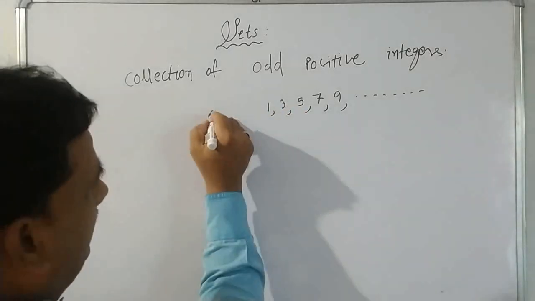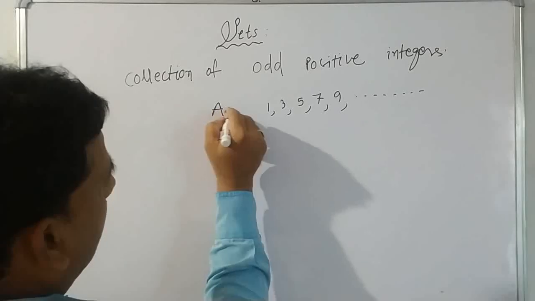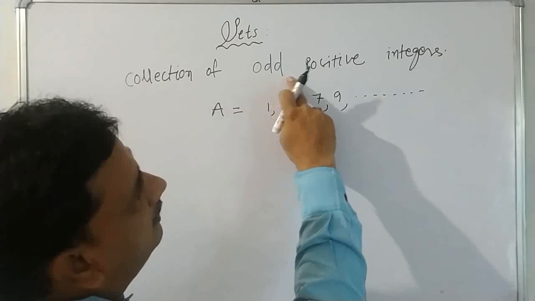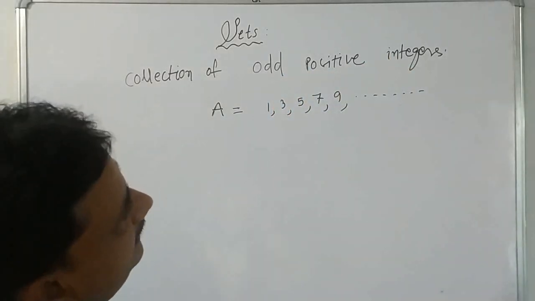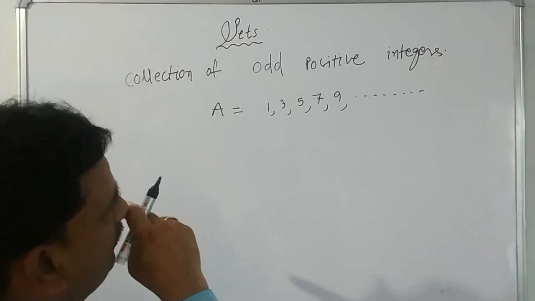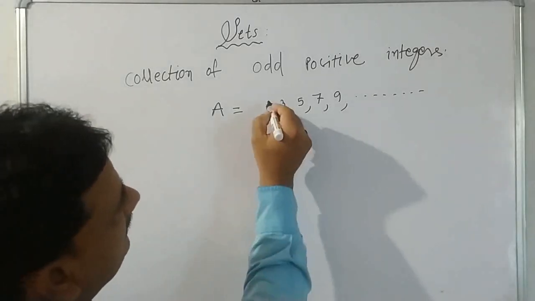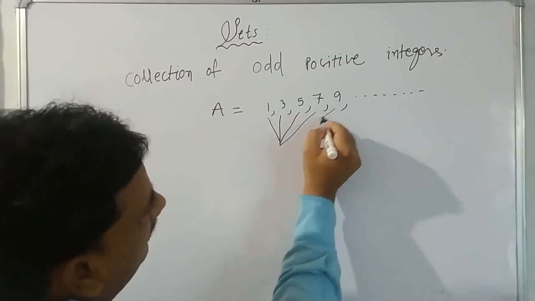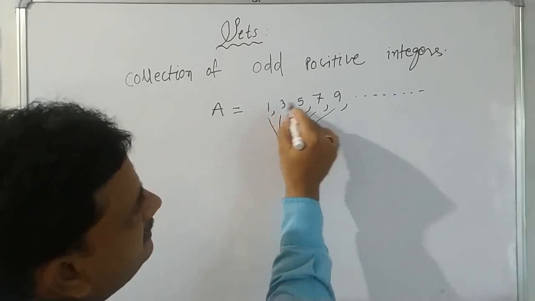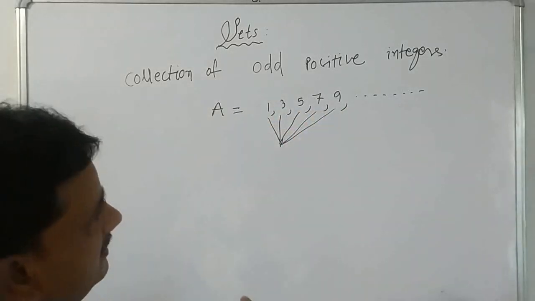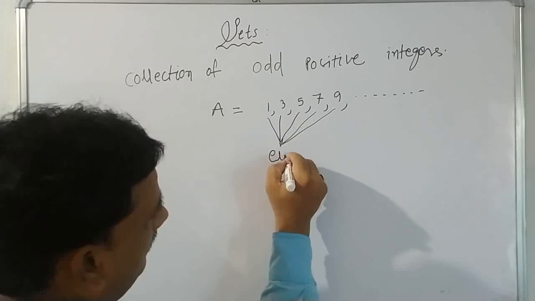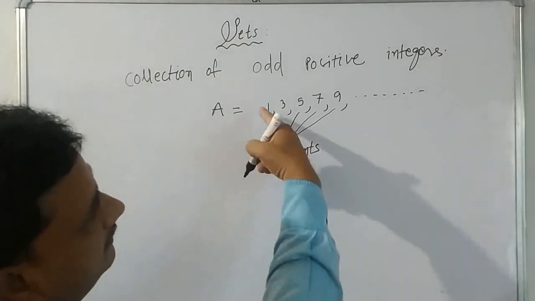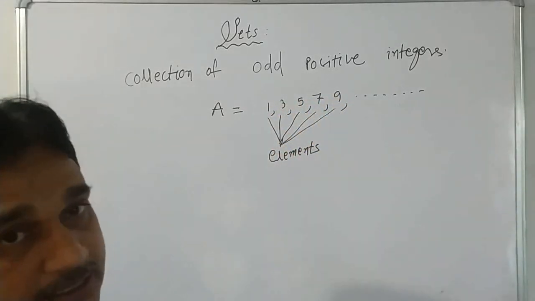I will give it a name, suppose A. It's a collection of positive odd integers. Now here 1, 3, 5, 7, 9, each of them, which we call an object, is called an element. These are the elements of a set.